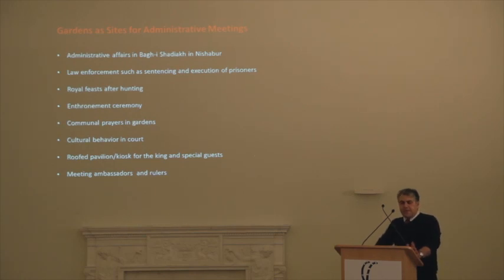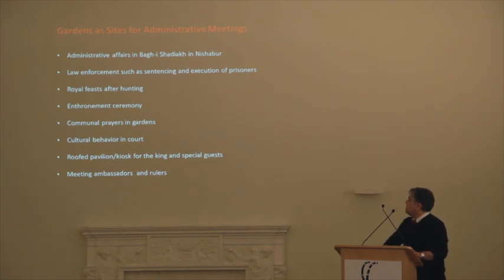But especially if we remember that many of these gardens belonged to the royal family, to the king or high-ranking courtiers, we know that many administrative events happened inside these gardens.